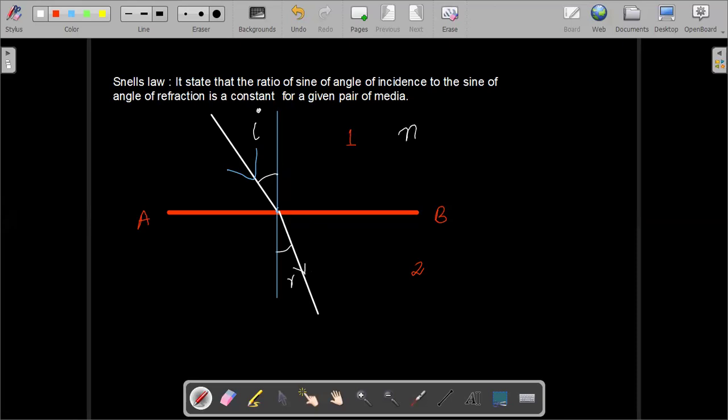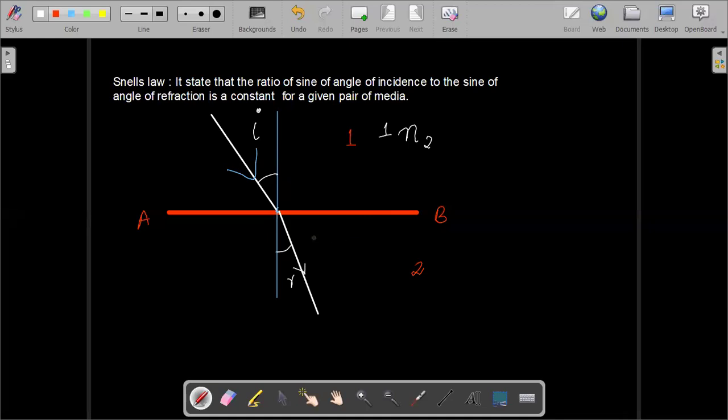So refractive index, we say refractive index of medium 2 with respect to 1. The light was coming from medium 1 and it is entering medium 2. The refraction is occurring in medium 2, or we also say that the refracting medium is medium 2.